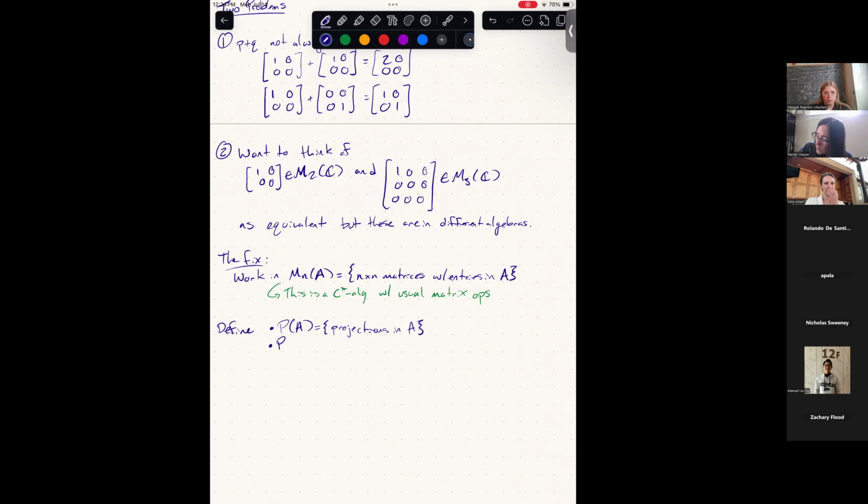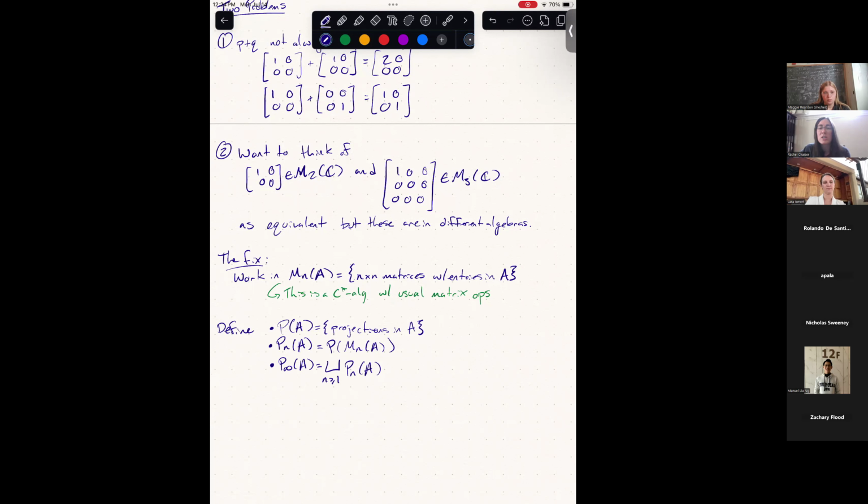Then we'll also write P sub n of A to be projections in the n by n matrices over A. And then we need one more, which we'll call P infinity. This is going to be the union of all of the P_n's.